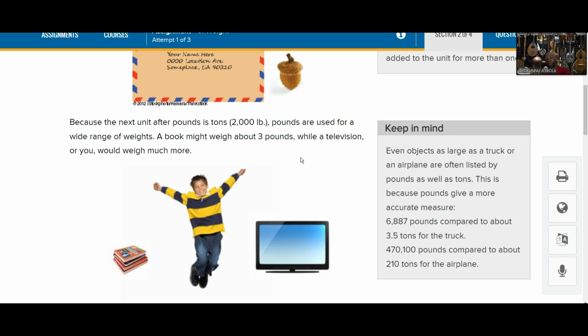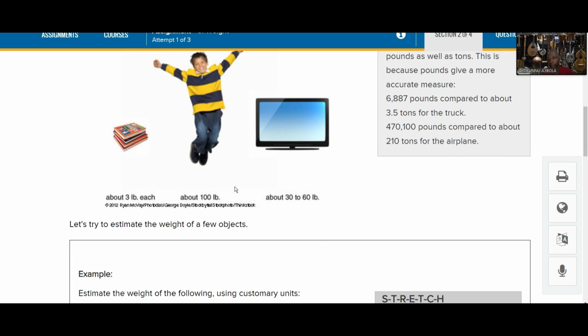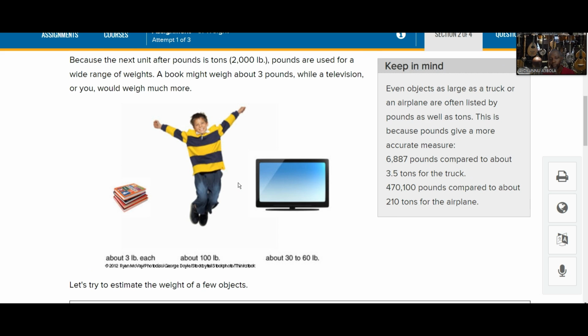A book might weigh about 3 pounds, while a television or you would weigh more than a book. Okay, you need to take note of all these points so that when we need them, you will be able to use them.